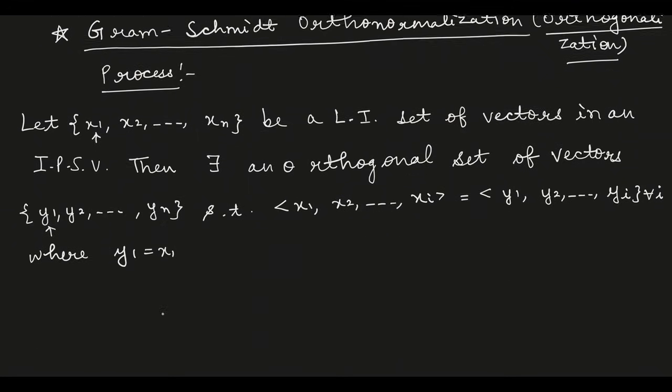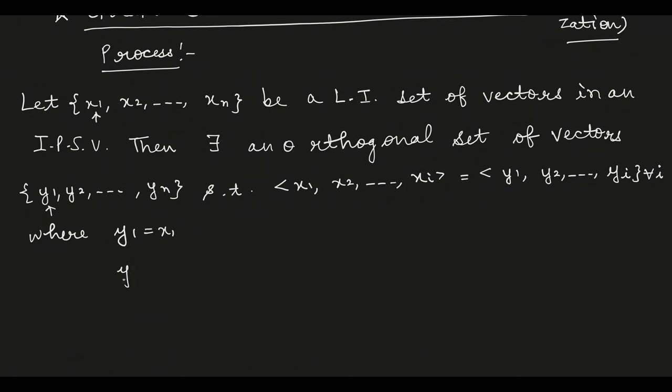Now the second vector: y2 is equal to x2 minus inner product of x2 with y1 divided by inner product of y1 and y1, into y1.